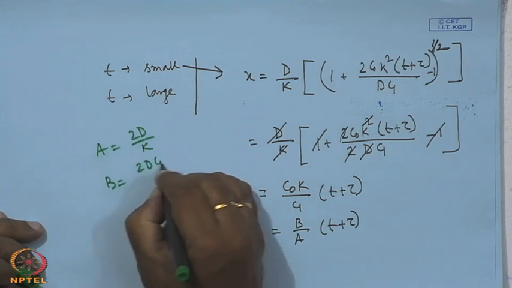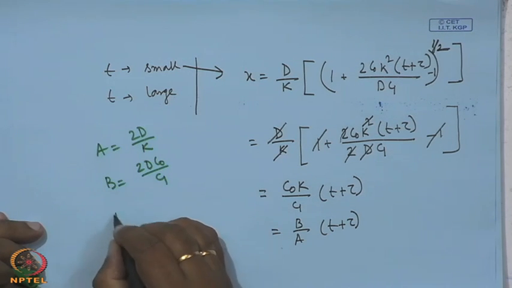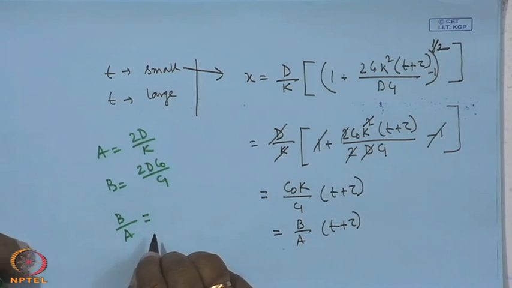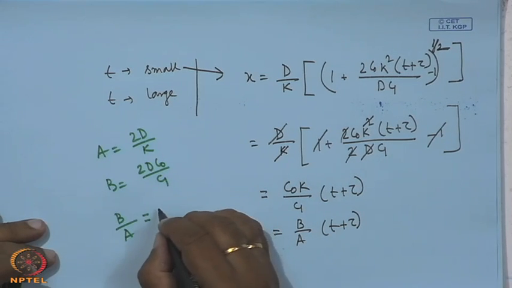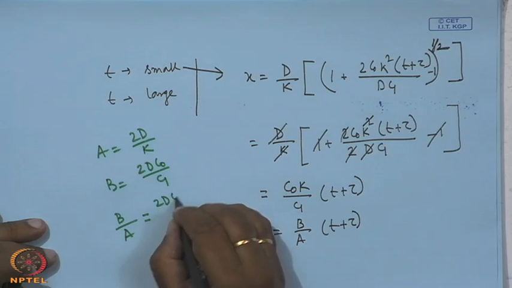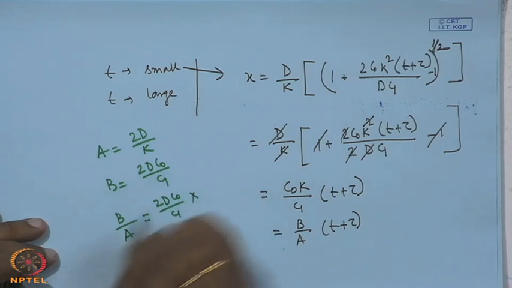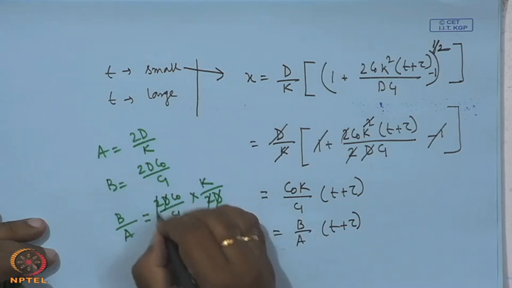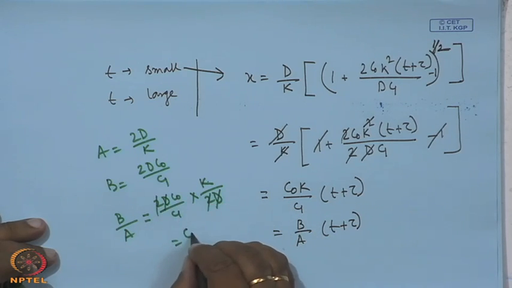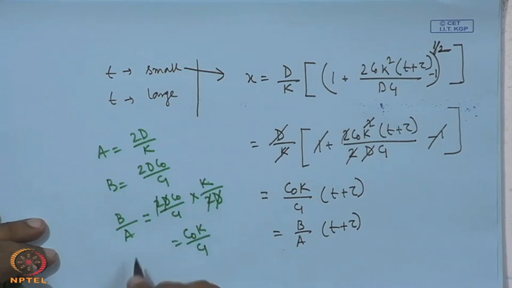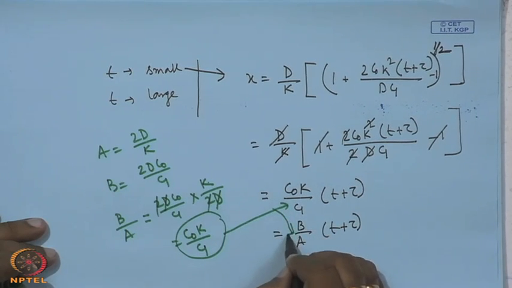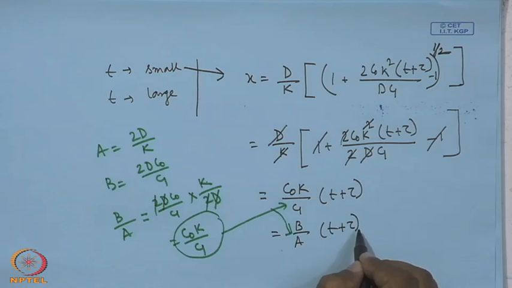So, if you take the ratio of b by a, you will get twice d C 0 by C 1 multiplied by k by twice d. So, k C 0 by C 1 is obtained, and this is nothing but this, and we can write b by a into t plus tau. So, that is for the small t.